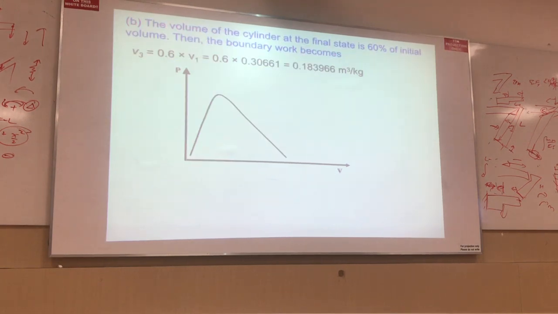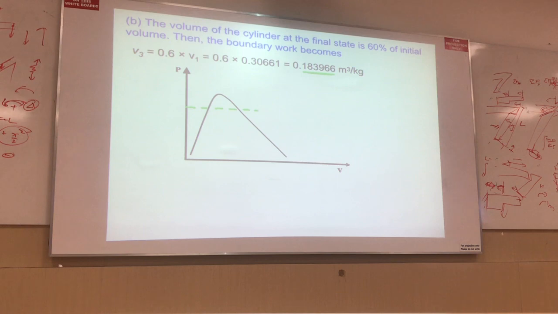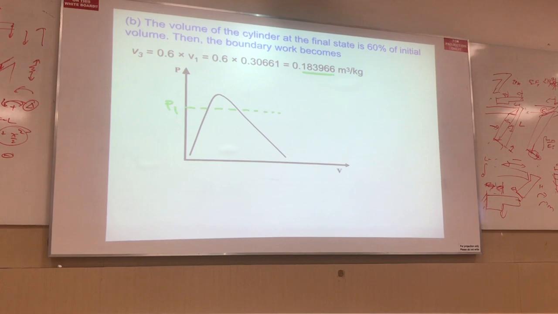You see, I have written here V3, 60% of V1, then 183. Alright? Then I just draw P1, P2, I think you understand. This one I say P1, so this is 400 degrees Celsius. Right, so this is state point 1.